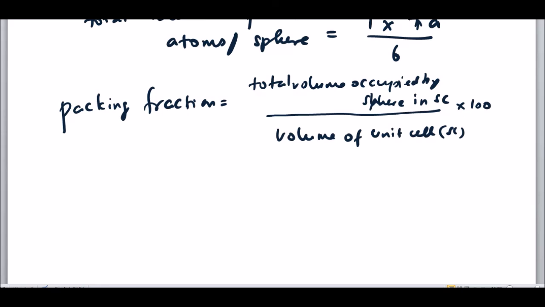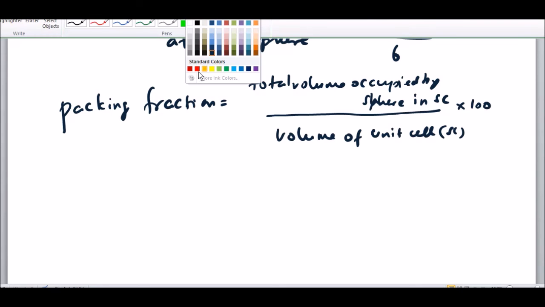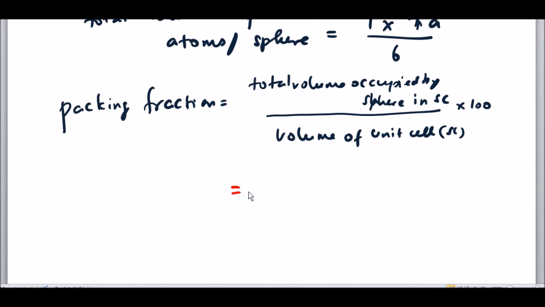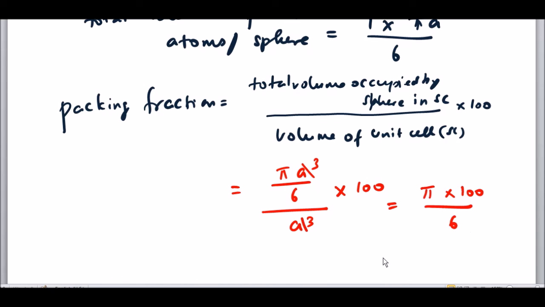The total volume is equal to pi a cube by 6, and the volume of the unit cell is a cube, into 100. The a cube gets cancelled. After cancellation, we can have pi into 100 by 6.